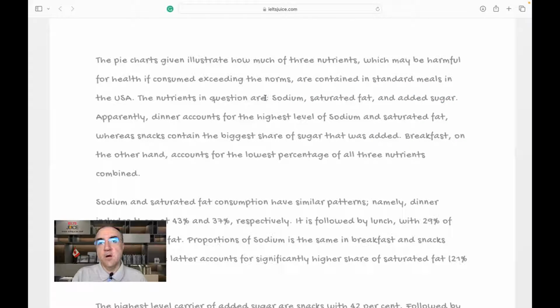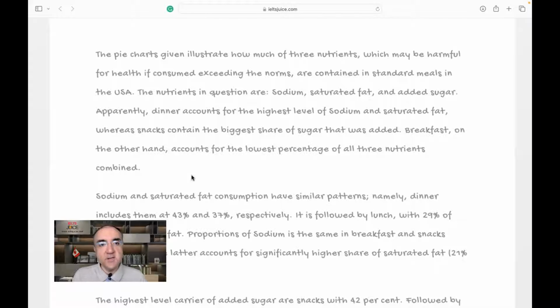So a colon is not necessary here. Sodium, saturated fat, and added sugar. Comma is used perfectly here. This is called listing comma. And you have a list of items, 1, 2, 3, all appear here, and for the last item you need and. Of course you always need a comma for all the elements of the listing comma.